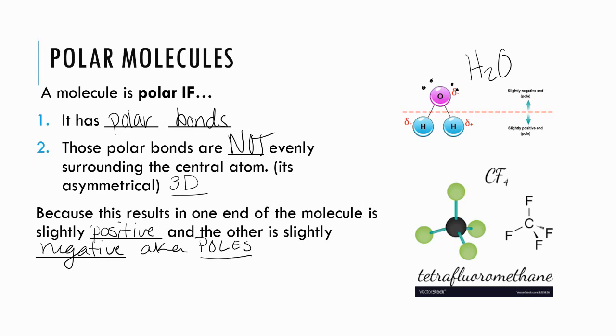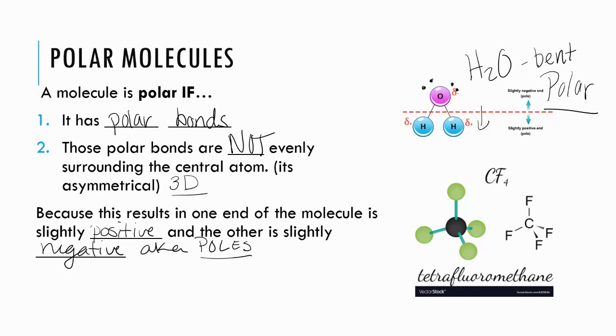And so when those two lone pairs push on the hydrogen atoms, this makes this molecule a bent shape. Since those hydrogens are unevenly surrounding the oxygen, they're clearly pushed to one side. That makes this molecule asymmetrical, and therefore water we always consider to be polar. You guys actually in biology should have talked about water being polar for almost a whole unit.